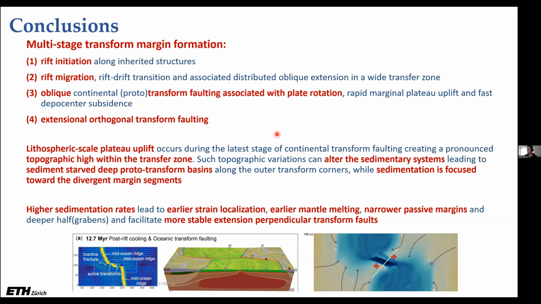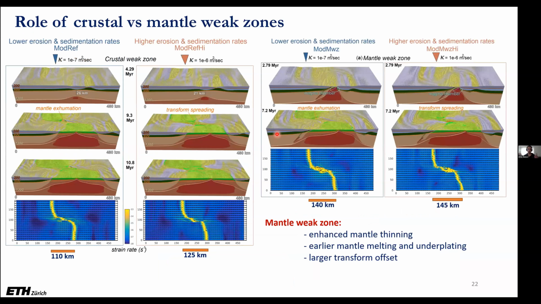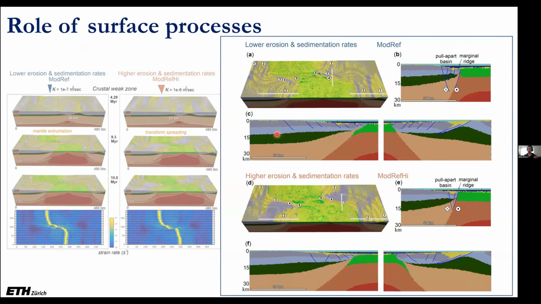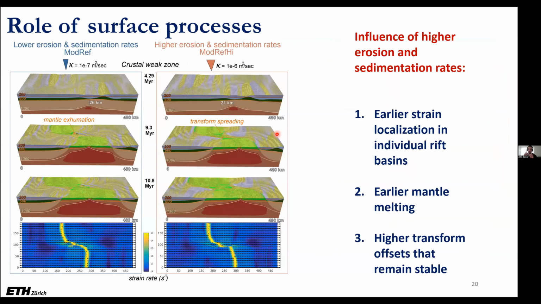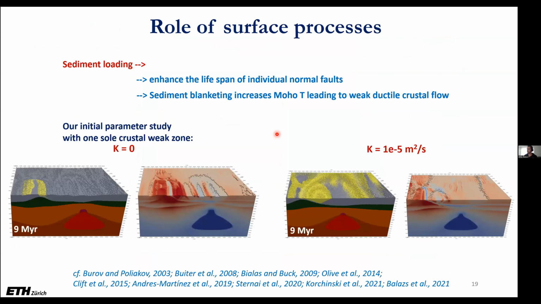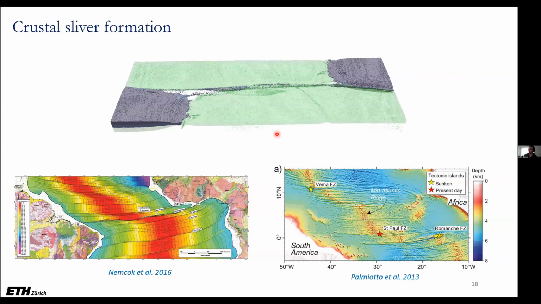I see. Because of our boundary condition, in this simulation that I showed you, we imposed basically constant boundary condition velocities. So that is one limitation. But otherwise, what you see is the gradually narrowing zone of the transfer where deformation occurs. So if I just go back to this stage, here you see the strain rate evolution that is initially distributed.